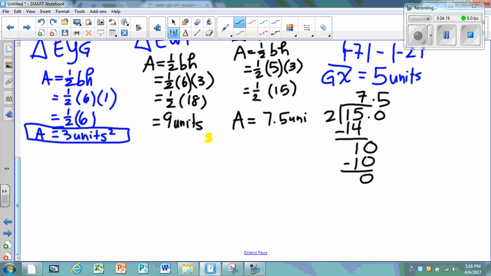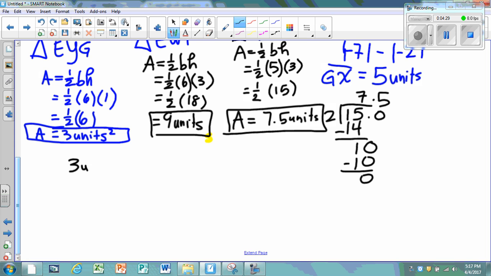7.5 units squared. And remember what we said, we have to add these up. So these triangles, we've got to add them up. So 3 units squared plus 9 units squared plus 7.5 units squared. I'm going to get rid of my unit squared and just write the numbers, so I know what I'm doing.